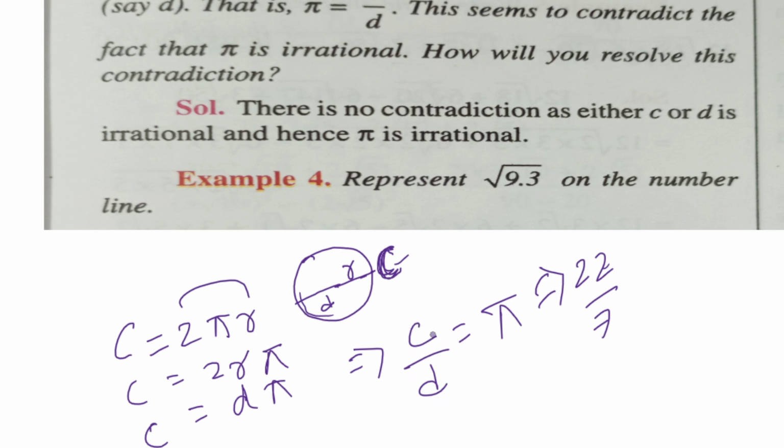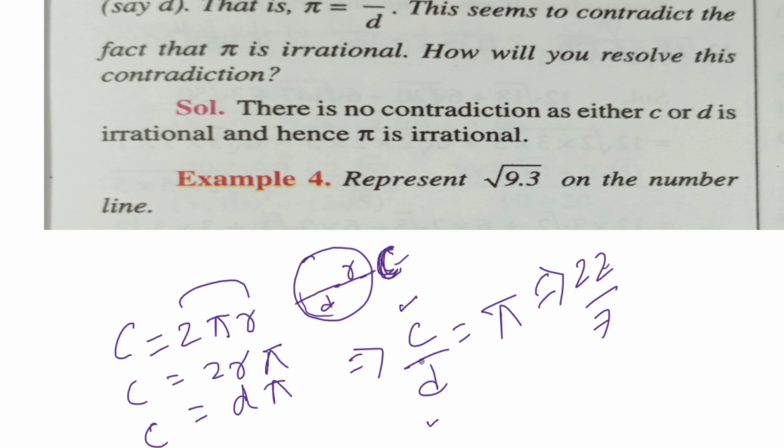But actually, let me tell you, we do not know this C circumference. We do not know this diameter. We can think that they may be rational numbers, some number 5, 6, 8, but we are not sure of it.